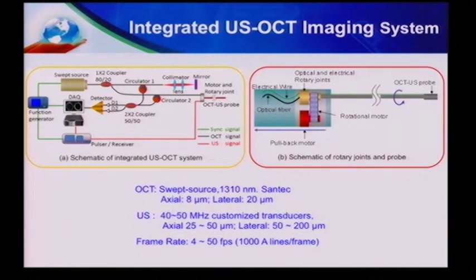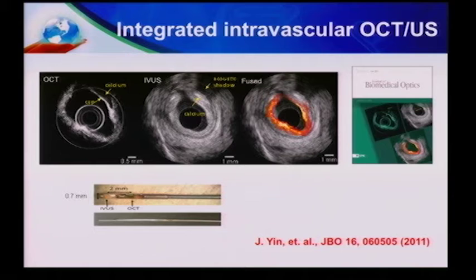With the single catheter, we have both the ultrasound transducer and the OCT probe, and you can get a co-registered image simultaneously with a single catheter procedure. This is the catheter. It fits into the traditional IVUS catheter.